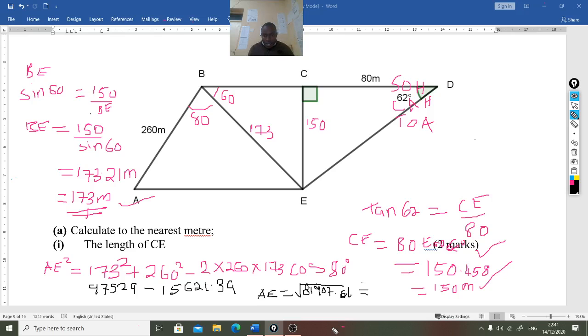That means, to the nearest meter, 286 meters.